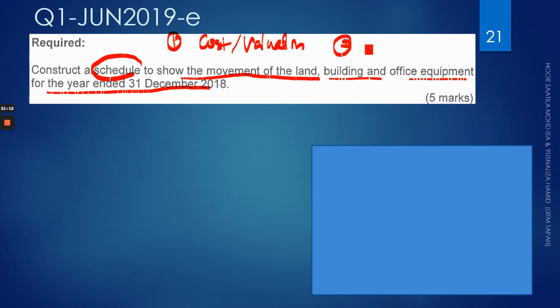And number two, what are the information on the accumulated depreciation? And if there is any impairment, right? If there is any impairment, none in this question. If there is any impairment, also information on accumulated impairment loss before you arrive at the carrying amount.